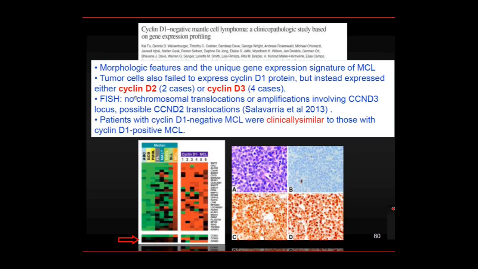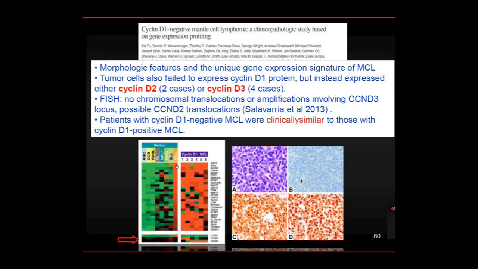But what's happening here is that you have, like for Burkitt, a very close gene, in this case cyclin D2 and cyclin D3, to take the role of cyclin D1. So basically those tumors are exactly identical to cyclin D1 positive.